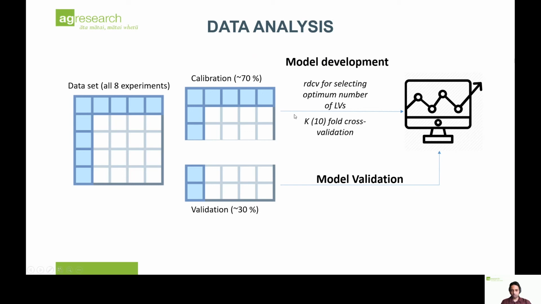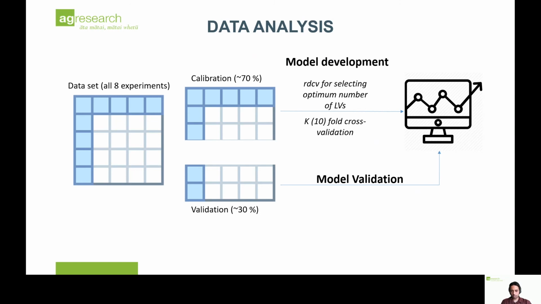Initially, we used the strategy of repeated double cross validation for selecting the optimum number of latent variables or components for the model. We built the partial least squares regression model, which is a predictive modeling technique. Repeated double cross validation is a robust method of selecting the optimum number of components or latent variables for your model.